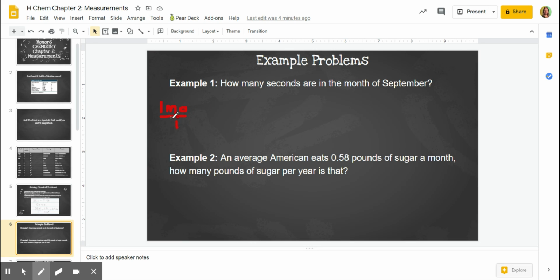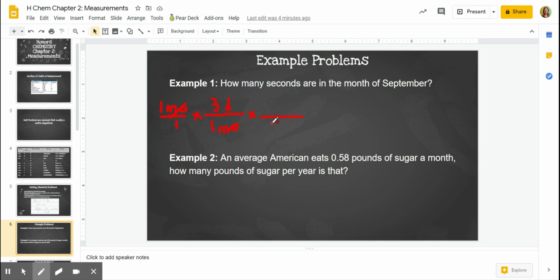Okay, and we could put the month of September specifically, but I'm just going to put 1 month, times, here's my conversion factor, that's an X, times conversion factor, 1 month, specifically the month of September, has 31 days. Okay, I'm just going to put D for days. Okay, so now months have canceled out, and we are at days.